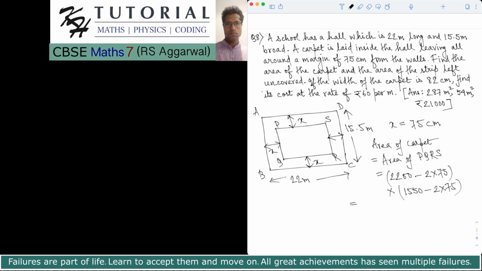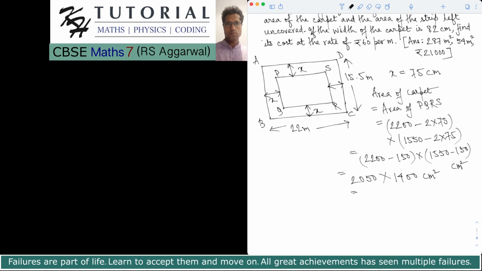So this is 2200 minus 150, multiplied by 1550 minus 150, this much centimeter square. So this is equal to 2050 multiplied by 1400, this much centimeter square.